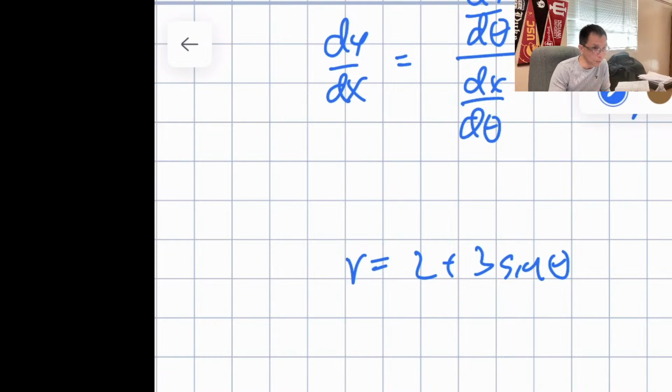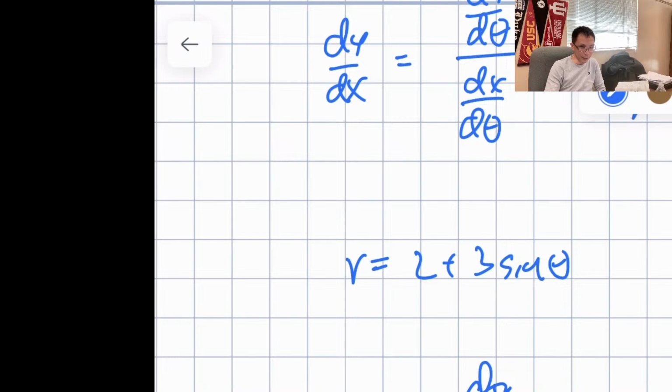Okay, so you should be able to take a derivative of this. So what is y? Y equal to what?